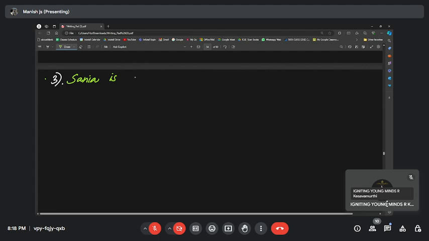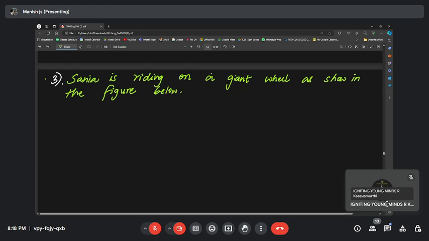Sania is riding on a giant wheel as shown in the figure below. The radius of the wheel is x meters.